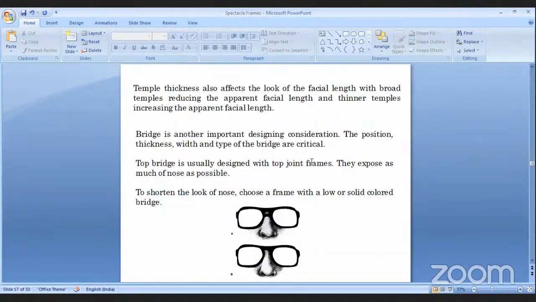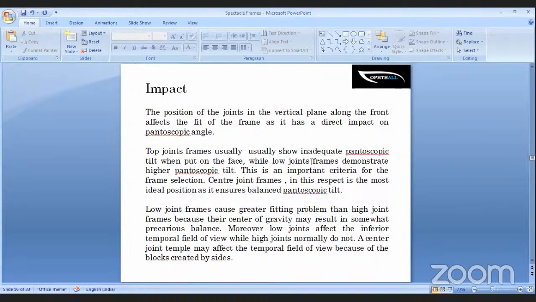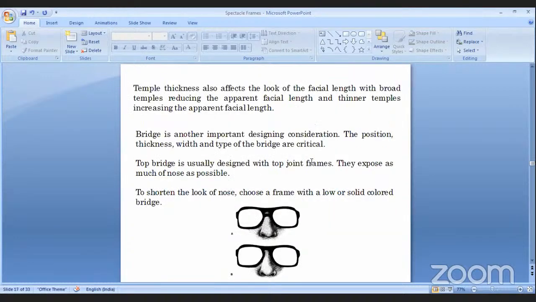So the patient might complain that I cannot look by moving my eyes sideways. Temple thickness also affects the look of the facial length. Broad temples reduce the apparent facial length, whereas thick temples increase the apparent facial length of the wearer.